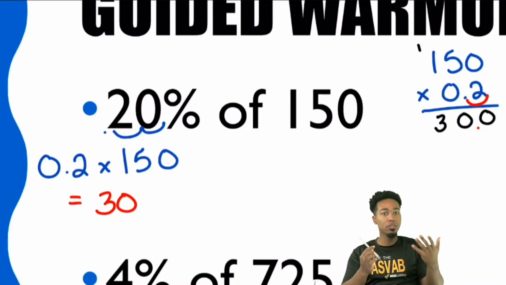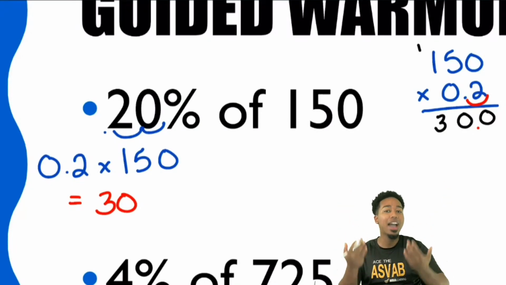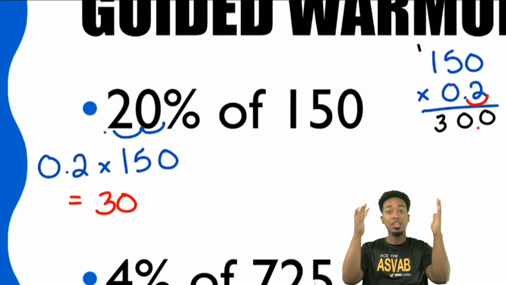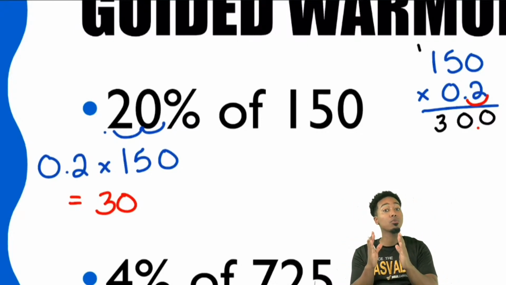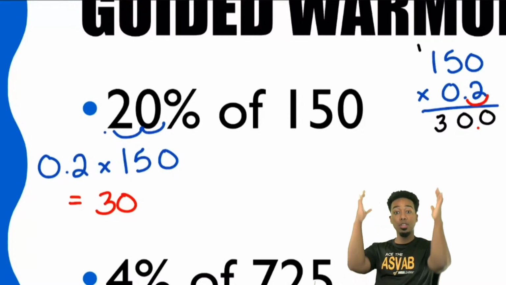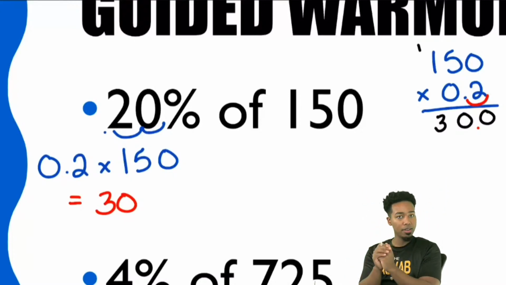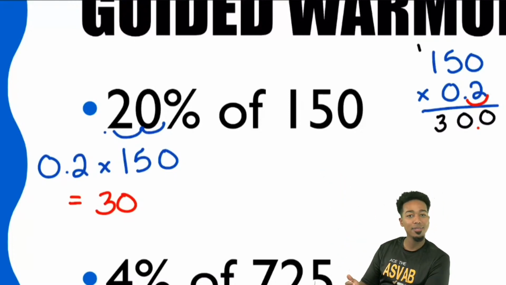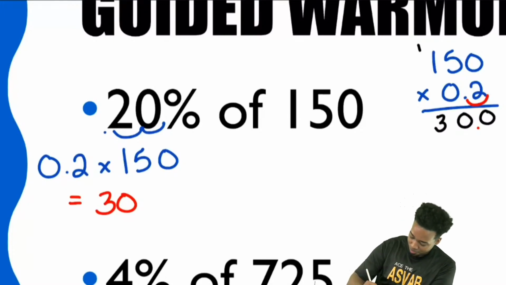But going backwards from 100 back to 20, that's dividing by 5. You can start at the original number, 100%, and you can divide it by 5 to get to that result that we want, the 20%. So if we're going from the original, the 150, to the result, we will be dividing by 5.